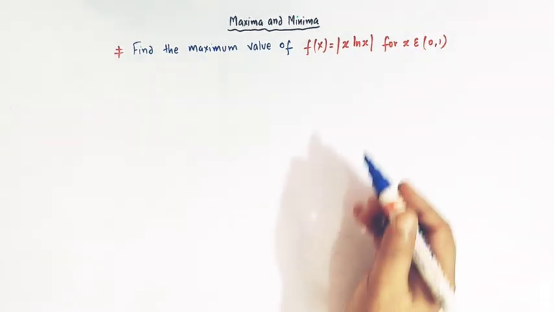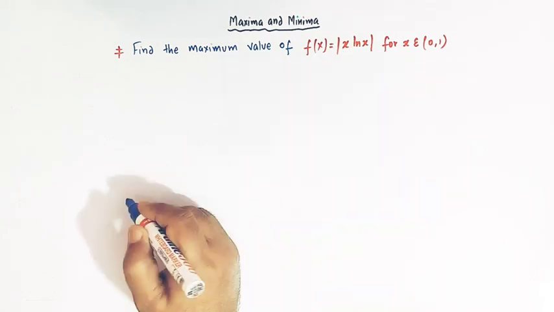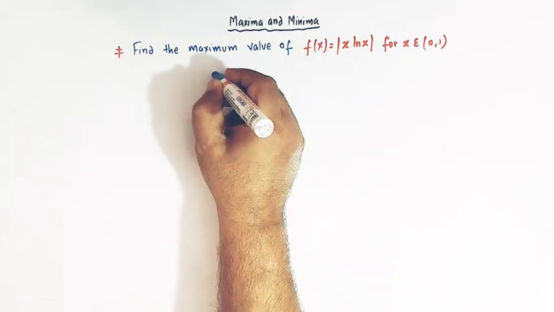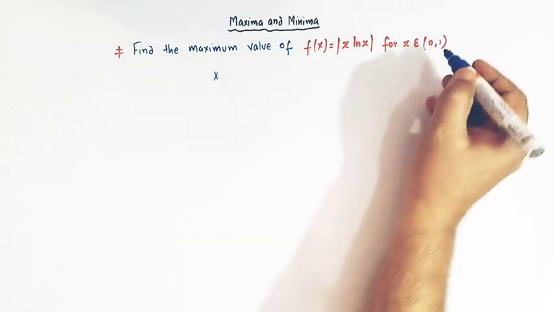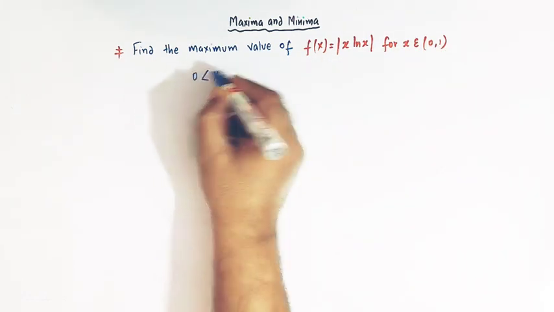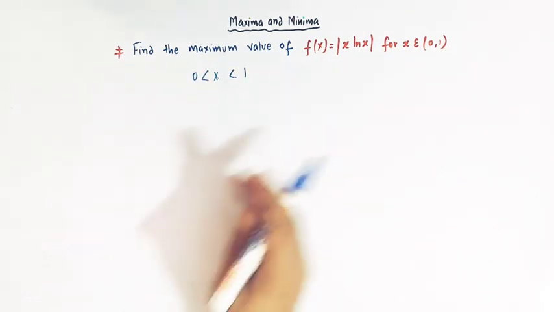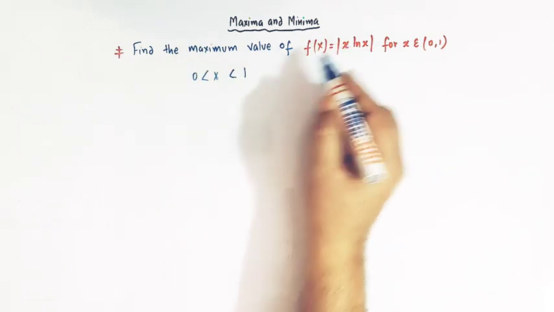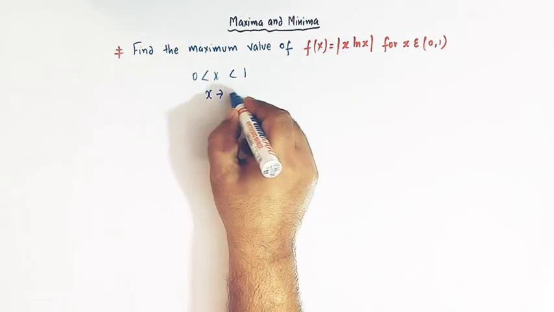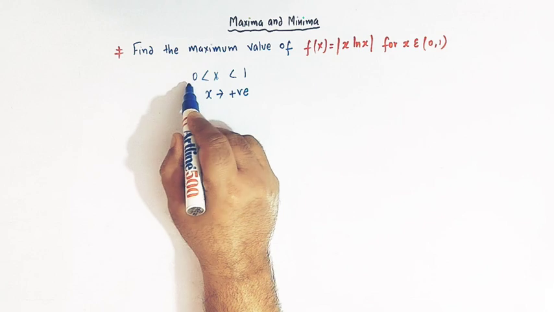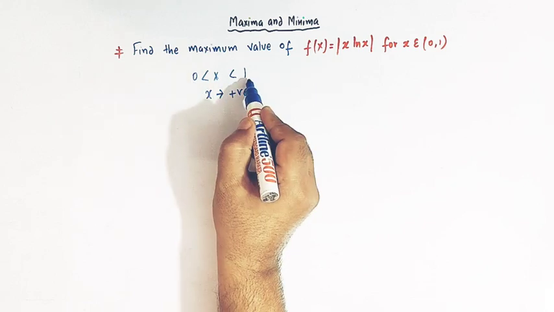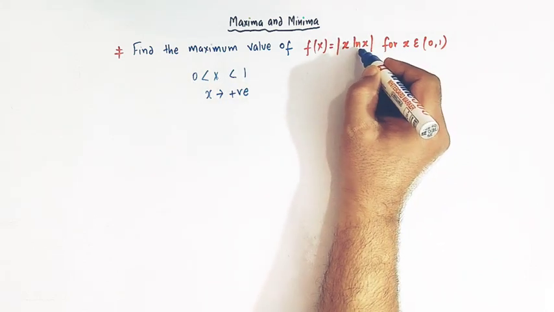Here we see that we have the mod function, and x belongs to the interval 0 comma 1, and we know that x is positive in this interval. And here we have the log function.